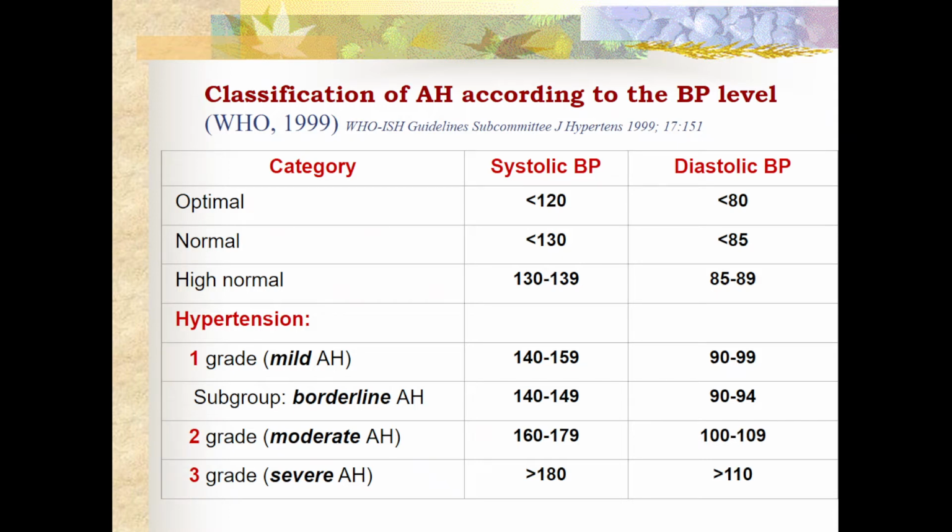And high normal arterial pressure consists of 130 to 139 mm of mercury systolic blood pressure and 85 to 89 mm of mercury diastolic blood pressure.